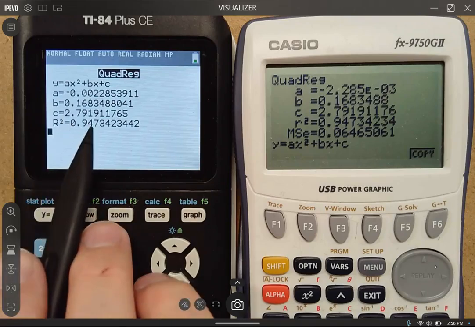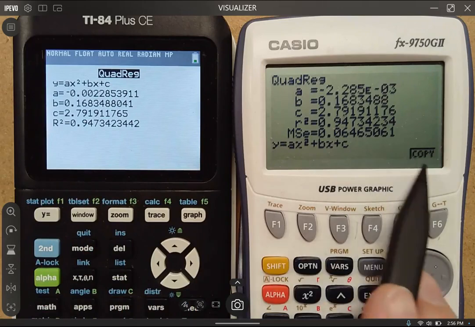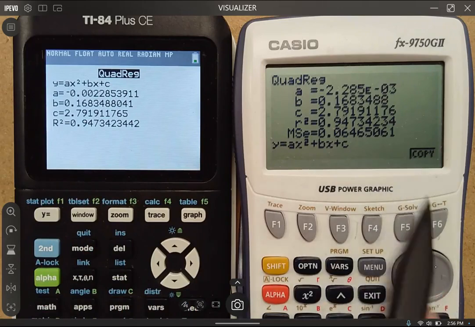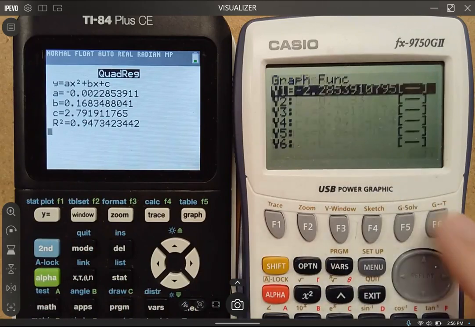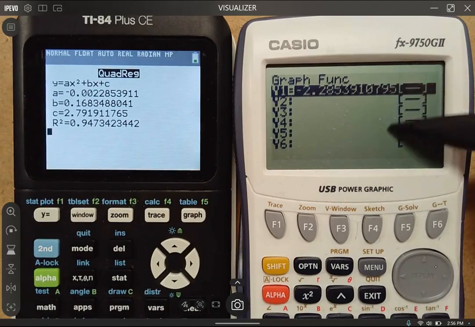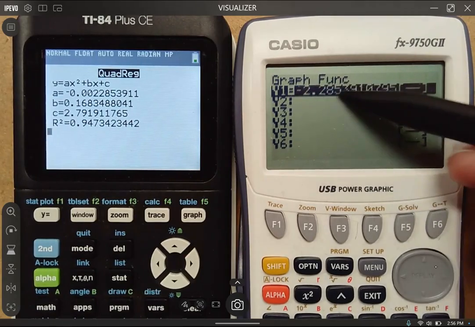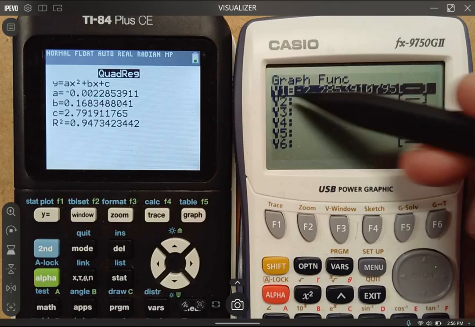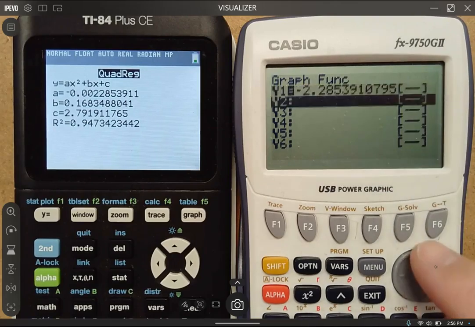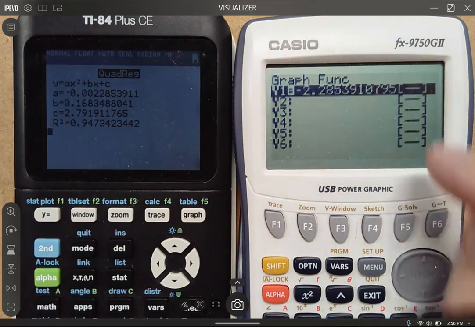Now, we stored our regression equation on the TI. We can do the same thing in the Casio by going over to copy. So that's F6. And then we just select which one we want to put it into. I've already stored it before, but even if you have something here, you can just select. You just highlight which one you want to put it under. I'm just going to put it under Y1.